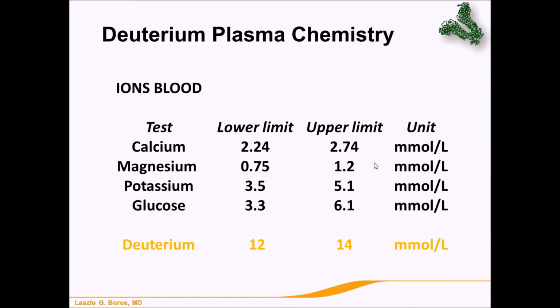And we know this because deuterium presence in the plasma is very high. The upper limit is 14 millimole per liter, which is the highest among inorganic elements in our plasma compared to calcium, magnesium, potassium, and glucose. So we have most of deuterium as a unique isotope in our system.